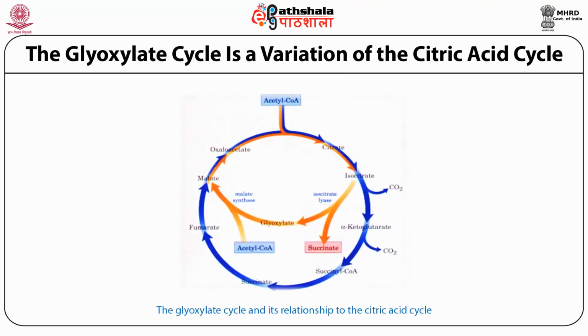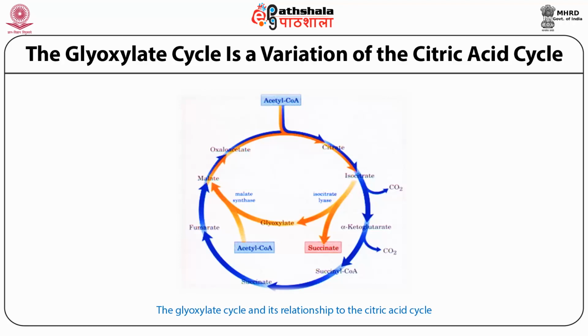The figure shows the glyoxylate cycle, which was elucidated by Hans Kornberg and Neil Madsen in the laboratory of Hans Krebs. In the figure, the orange reaction arrow represents the glyoxylate cycle and the blue arrow represents the citric acid cycle.